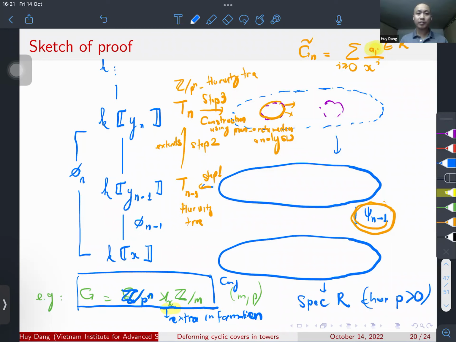Yes, you can also do rigid geometry. Is there a corresponding, how to say, differential, I mean a connection, parallel to this theory of yours? You mean in characteristic zero? No, I mean characteristic p here.